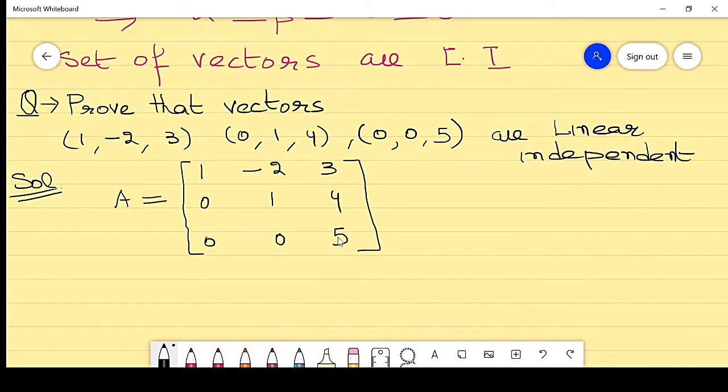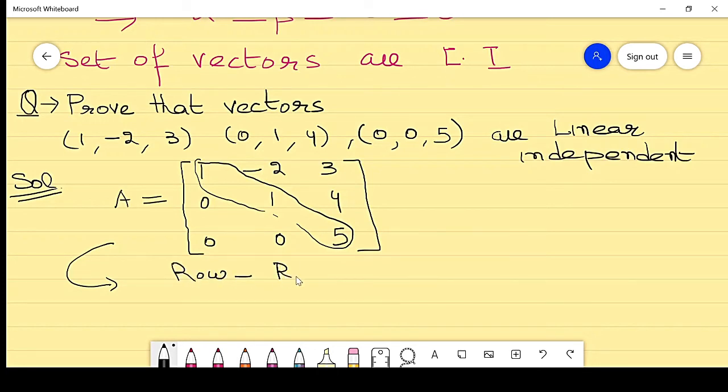Now we reduce this matrix into reduced echelon form. It is already reduced because these are the diagonal entries, and all entries below the diagonal are 0.